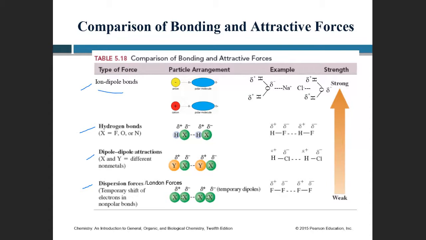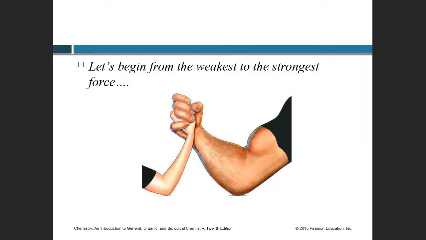We are going to speak about them in detail in this class. And you can see that in terms of strength, the London force is very weak, while the ion dipole bond is very strong. So let's begin from the weakest to the strongest.